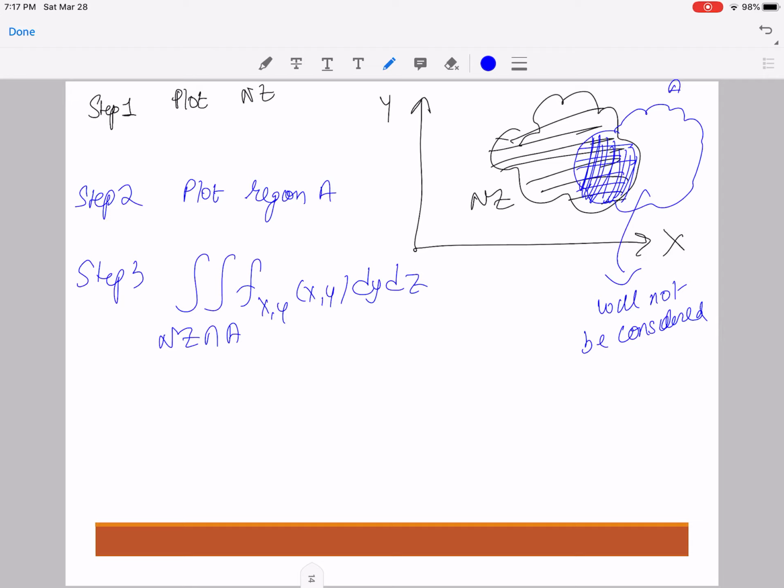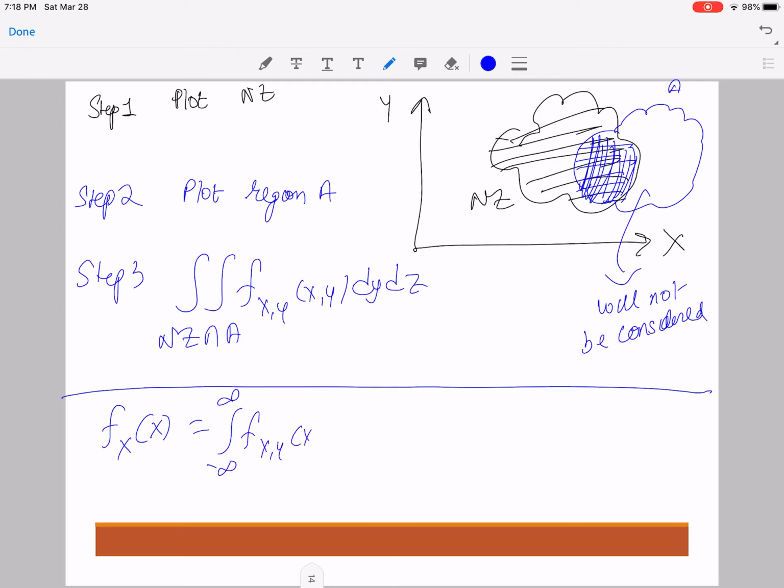Let me also use this opportunity to discuss some other problems that you'll be solving with joint probability density functions. One of the problems that you'll be interested in is finding the marginal PDF of the individual random variables. So as discussed, the marginal PDF is obtained by integrating the joint PDF with respect to the other random variable from negative infinity to infinity.